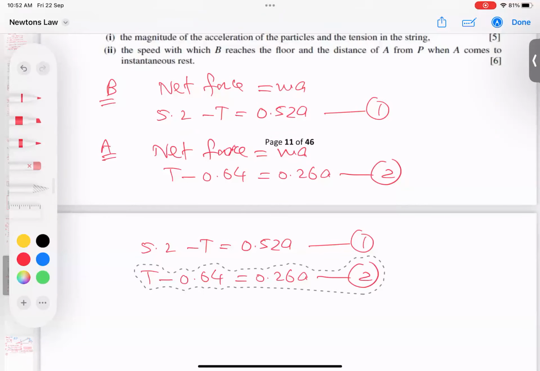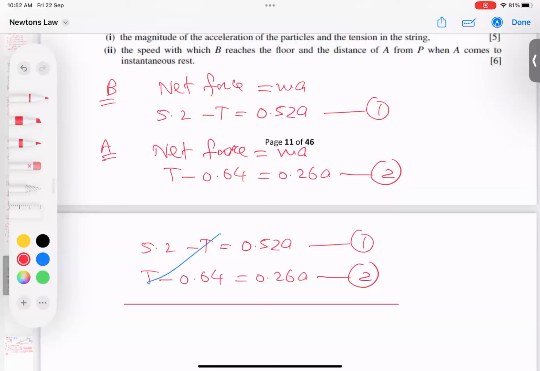Okay, and now students, I will solve them simultaneously. The tension cancels out, and from 5.2 subtract 0.64, I get 4.56.